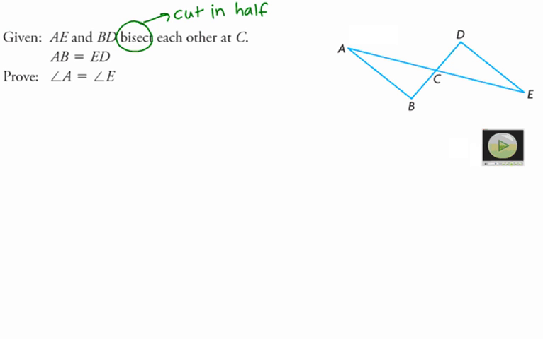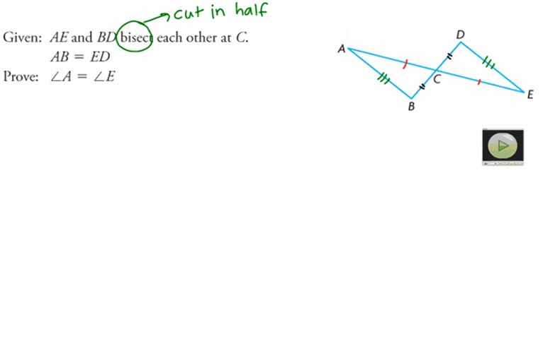So if AE and BD bisect each other, that means they cut each other in half. So that means that AC equals CE, and BC equals CD. They also tell us that AB equals ED.